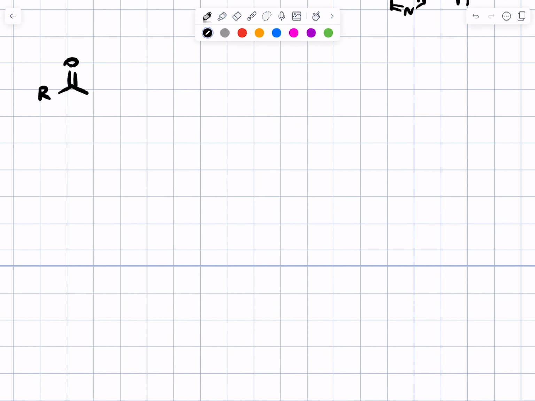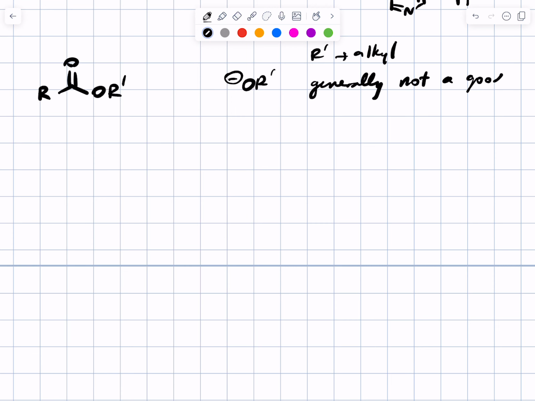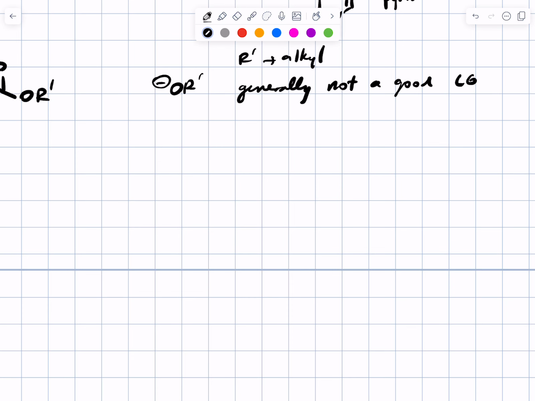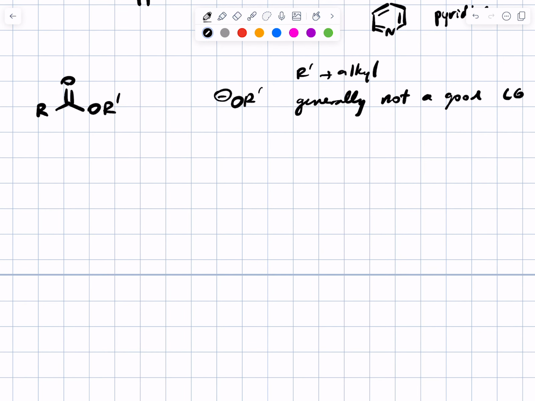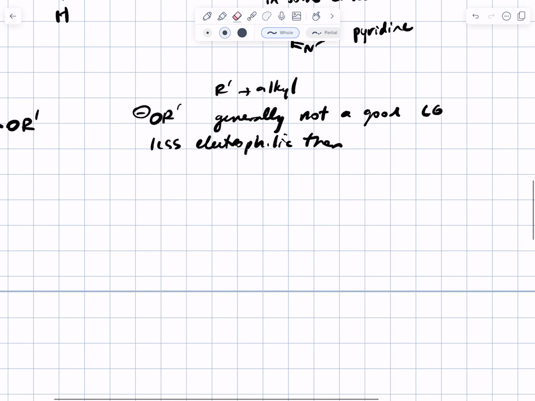Esters are less reactive than acid chlorides and anhydrides, because OR minus, just the unstabilized alkoxide leaving group, where R is basically something alkyl, is generally not a good leaving group, meaning that esters are less electrophilic than anhydrides and acid chlorides.